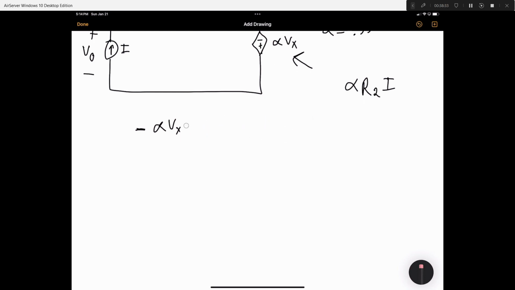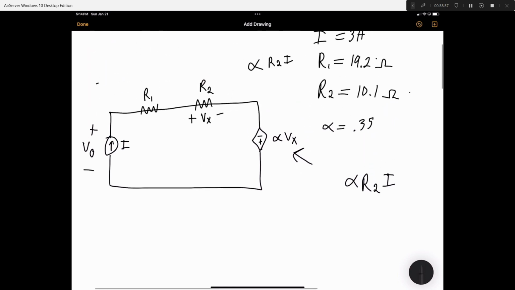The current is 3 amps everywhere. So we have a voltage source here called V0, positive and negative. So we need to find V0.